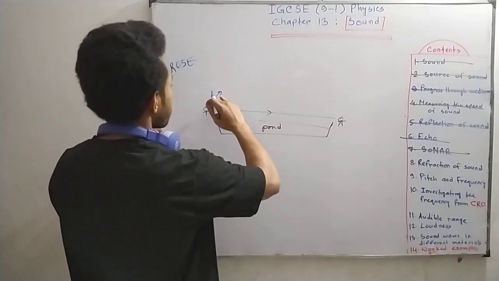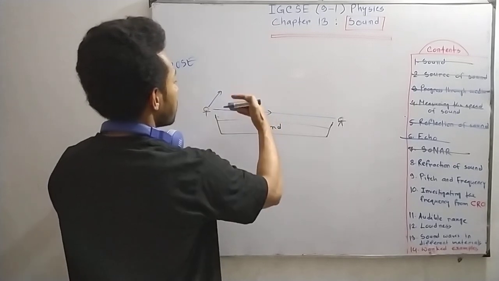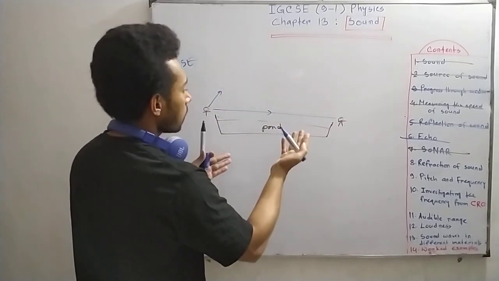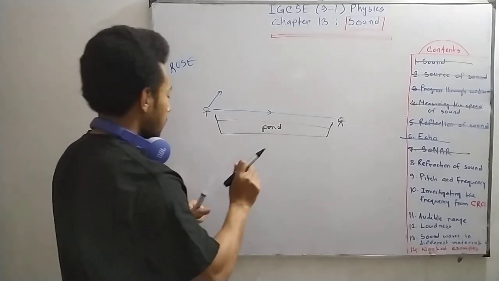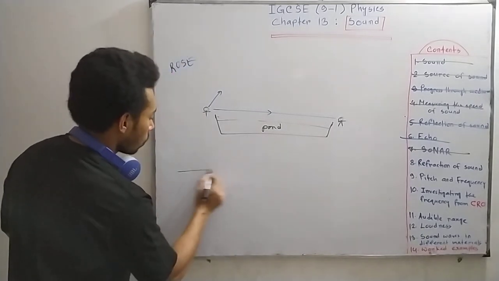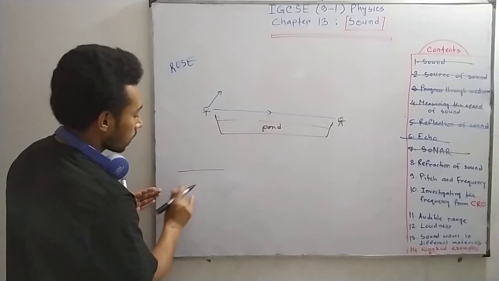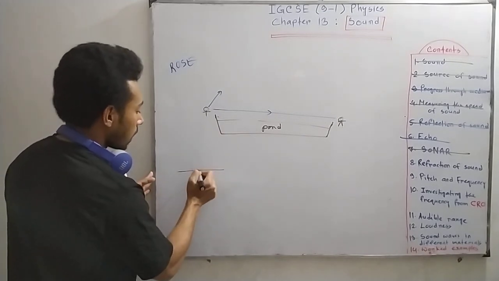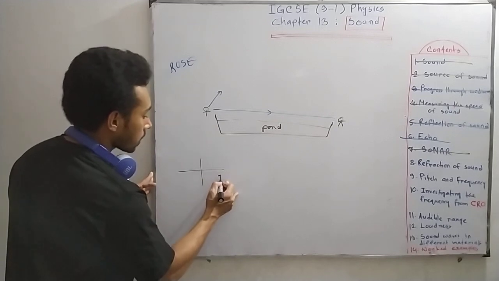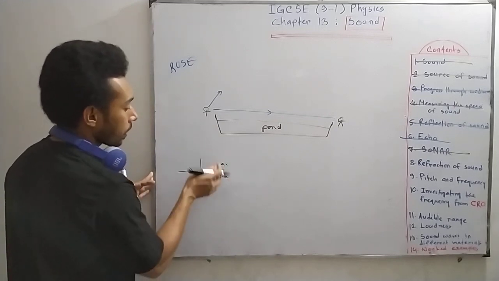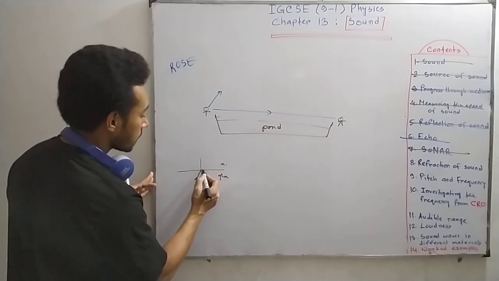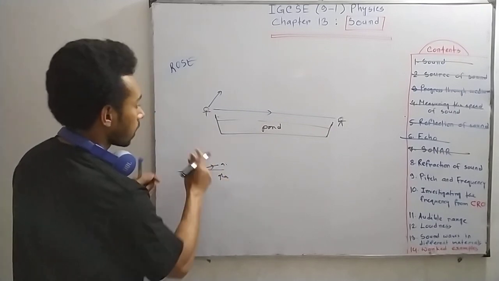But when it is traveling in this direction, due to change in the density, the speed of sound varies. In the light waves chapter, we know that when a wave travels from a more dense to a less dense medium, for example from glass to air, it bends away from the normal.